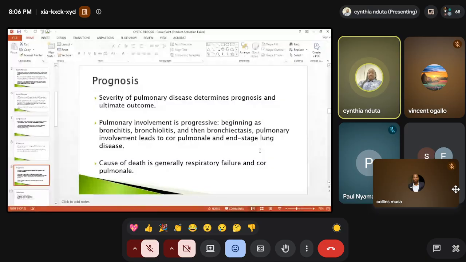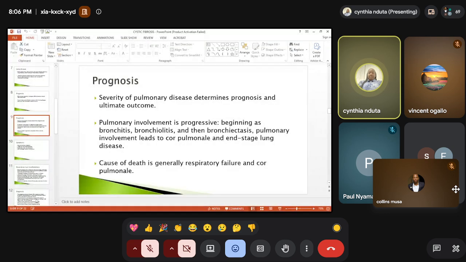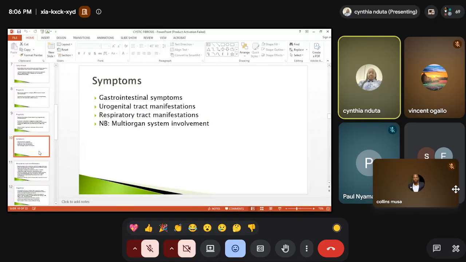You have heavy viscous secretions in the chest, you don't have proper gaseous exchange, and eventually you compromise the lungs, and even the heart compensates, and that's why we end up with cor pulmonale, or right sided heart failure.